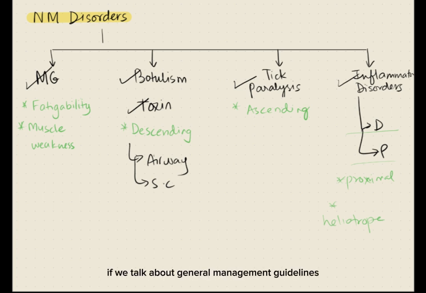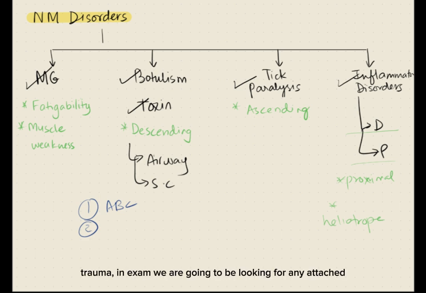If we talk about general management guidelines for all of these conditions, then remember, as we said, ABCs, but airway comes first. Keep an eye out because you may have to intubate early. Second, taking a good history is very important in these patients: ask them about the progression of their weakness, recent infections, any toxins, canned food consumption, trauma.